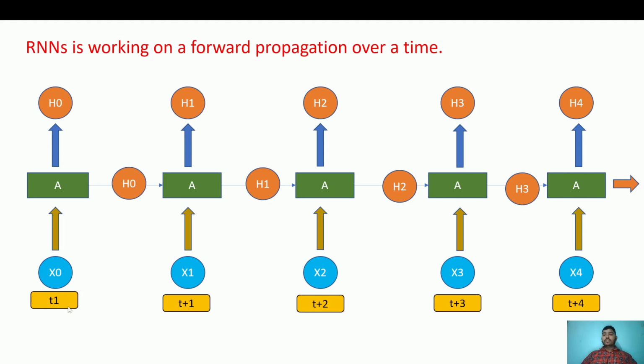Here you can see on the t timestamp we pass the input x0 and it is processed in between in the neural network. Here a means the activation function, and we finally get h0 as an output, and this h0 output also becomes the input of the next network along with the next word x1 on the t plus 1 timestamp, and this goes till the final output layer, right? Hope you got the idea how RNN is working, right?